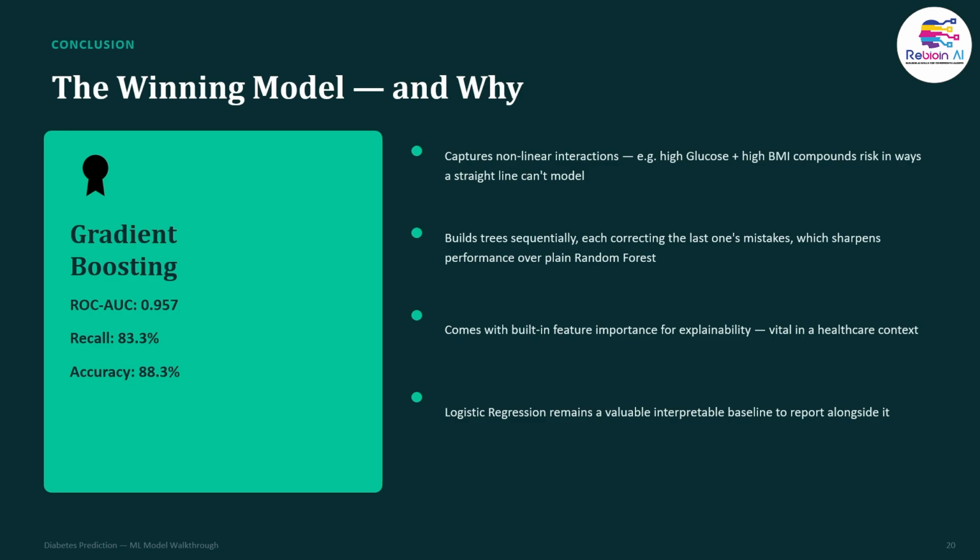And it comes with built-in feature importance, which supports explainability in a healthcare context. We are keeping logistic regression in the conversation too, as an interpretable baseline, that is, a real healthcare startup might value that transparency even when its raw performance numbers are lower.